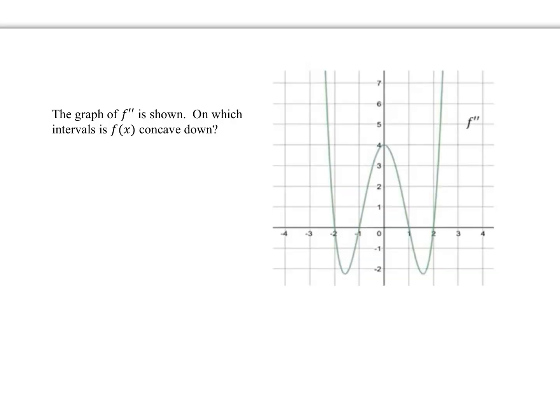What makes something concave down when f double prime is less than 0? You're looking at an f double prime graph, y'all. -2 to -1, 1 to 2. So good.